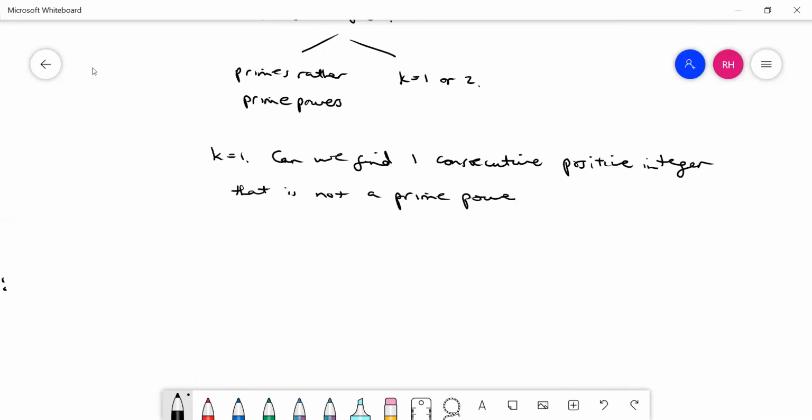Now the answer is obvious. Yes, we saw before that 10 is not a prime power, so 10 equals 5 times 2. Okay, so that's good, but now let's think. Use the Chinese remainder theorem.